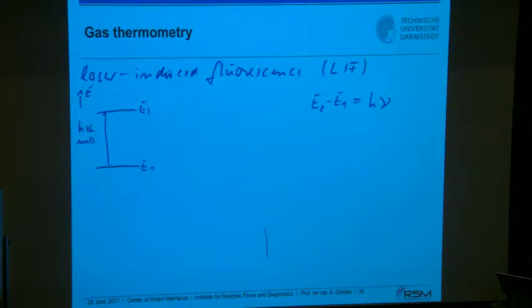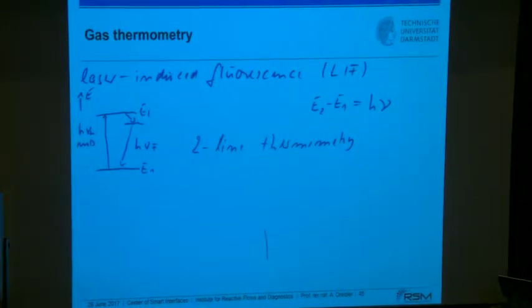After that, the molecule in this excited state is of course not stable, and it might relax very fast to a lower-lying level, which has a certain lifetime, from which fluorescence can then take place at a redshifted, smaller frequency. You would do that for at least 2 transitions, so in 2-line thermometry you have two lasers and 2 detectors.